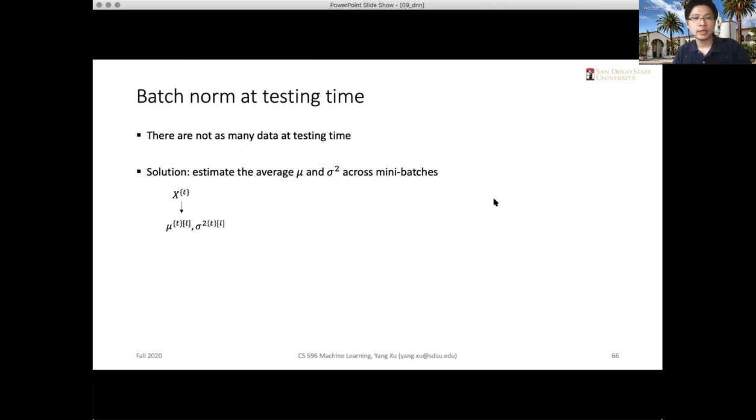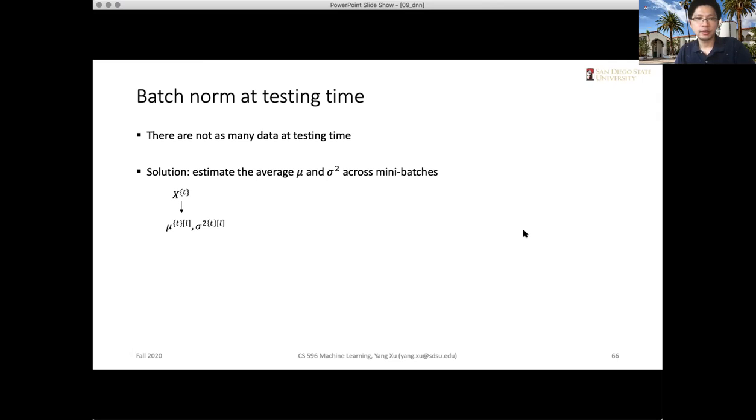But at testing time, sometimes we don't have that many data points, so the solution is to keep a running average of the mu's and the sigmas that are used in the training stage. We just keep these two numbers, the running averages over all the training mini batches.